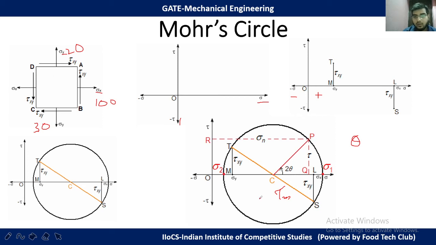Okay, so that joins the circle at point P. So the normal stress sigma n will be this value, means from the center, this RP is the value of normal stress, and this value QP is the value of shear stress tau. Okay, so with this we can find out different stresses using Mohr circle.